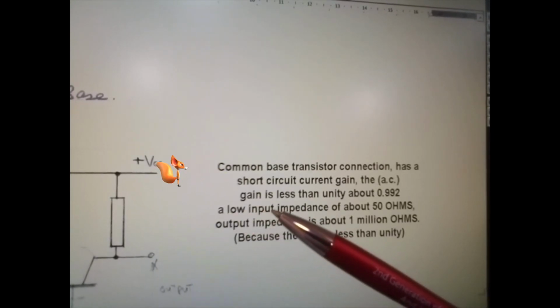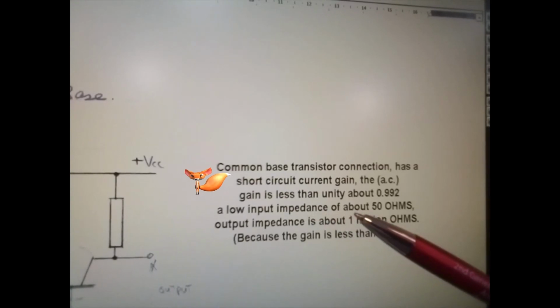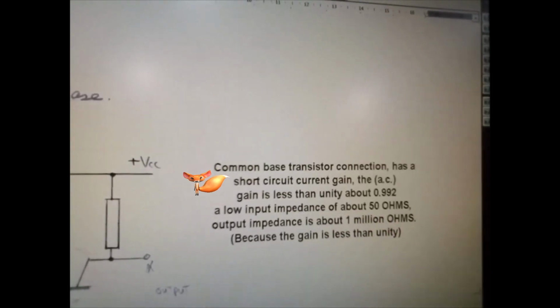It has a low input impedance of about 50 ohms.